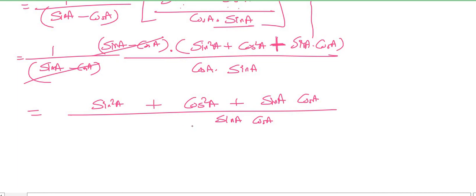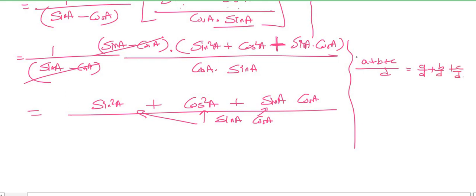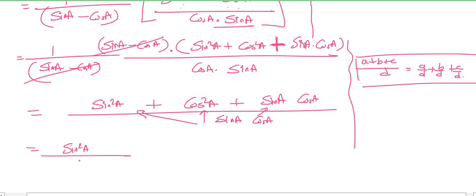Now this denominator can we give to all three? Right? Do you remember? If you have a plus b plus c by d, so it becomes a by d, b by d and c by d. We know this. It goes to all three. So I will do here sin square A by sin A cos A. This is very important question.